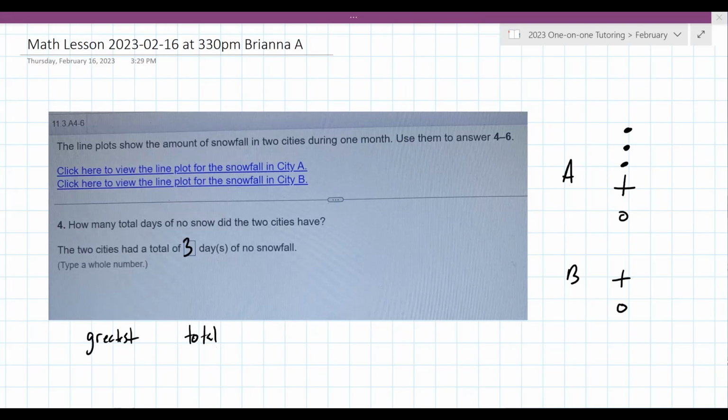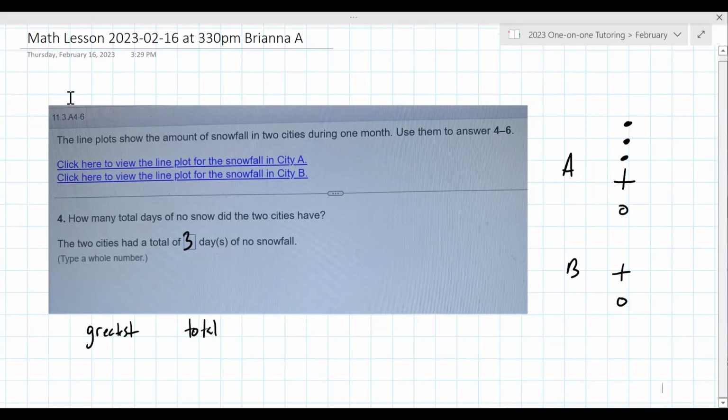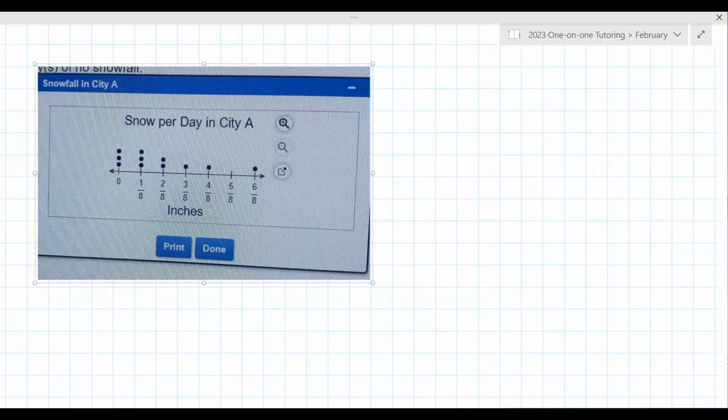All right. So I've finally got those pictures up. I can snip them in here. So city A, oops, that's not a very good picture. Let's do another one. So city A, let me snip this in. Okay, what is the highest total of snowfall that you see in city A?